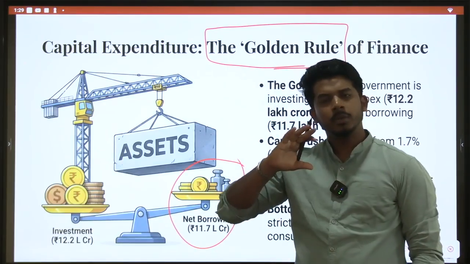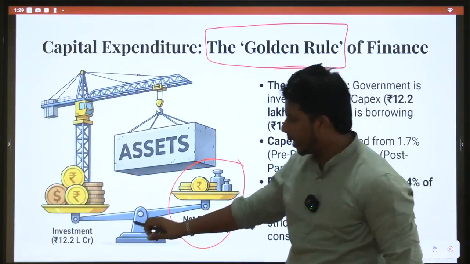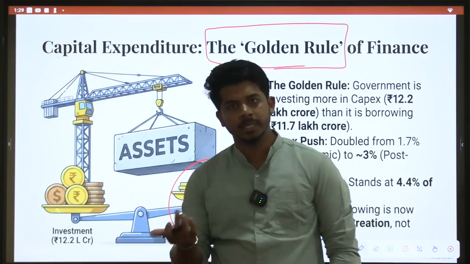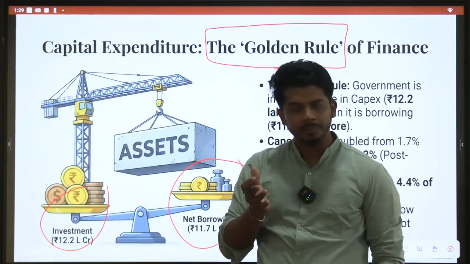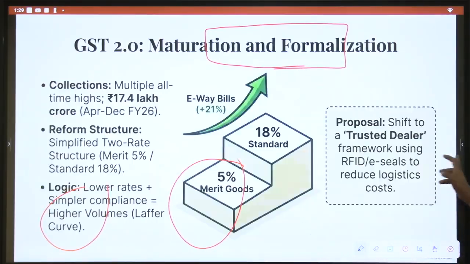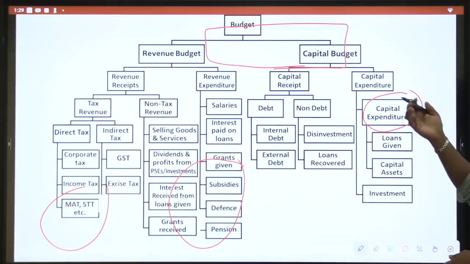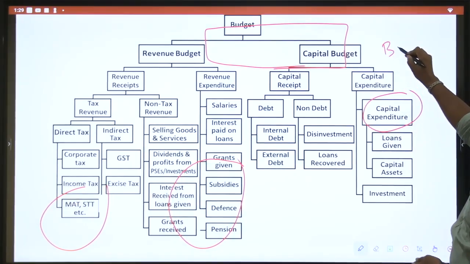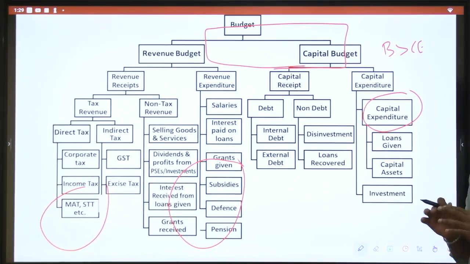Usually our borrowing is more than our investment, our capital expenditure. Here investment means capital expenditure. We have seen this capital expenditure of the government of India. Usually the government borrows, and the amount borrowed is always higher than our capital expenditure till now in history.